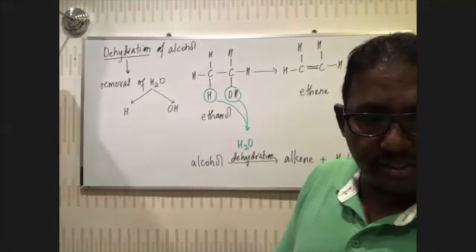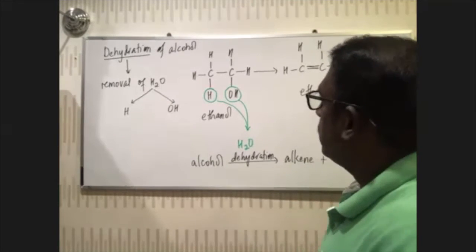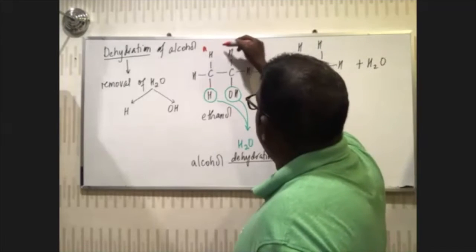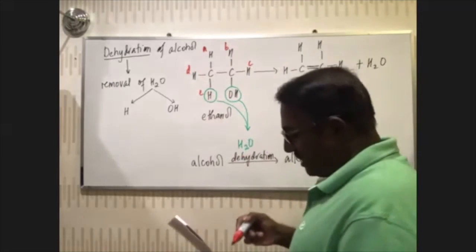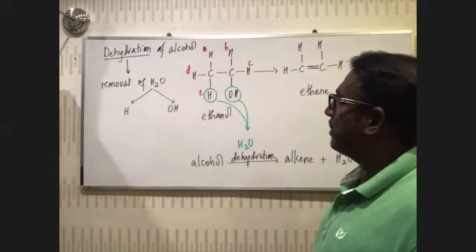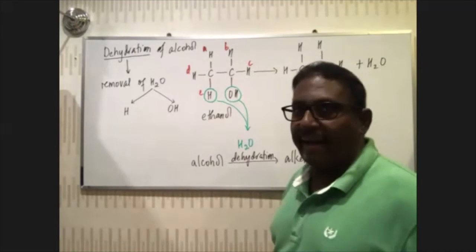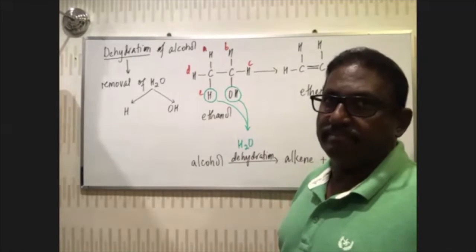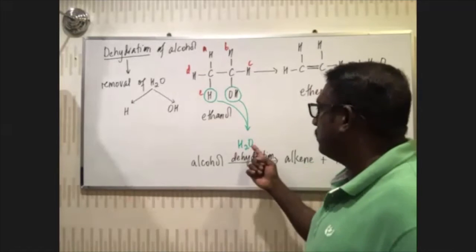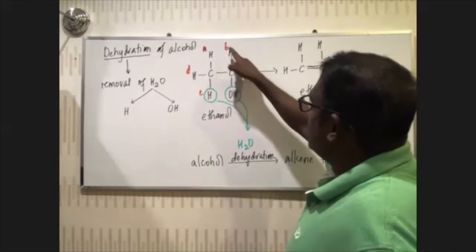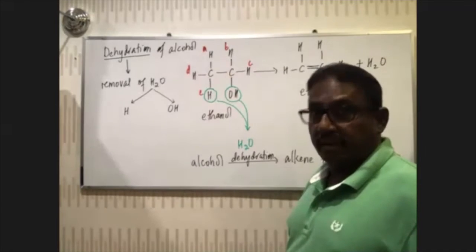In your exam, I could have marked A, B, C, D, and E. So I can say during the dehydration process of this alcohol, the OH group will combine with which hydrogen atom and be released as a water molecule. Is it C? Is it B? Is it A? Is it D? Is it E? Which one? That can be an exam pointer.